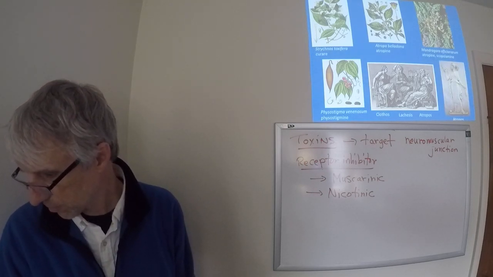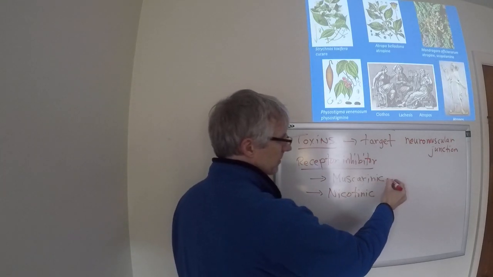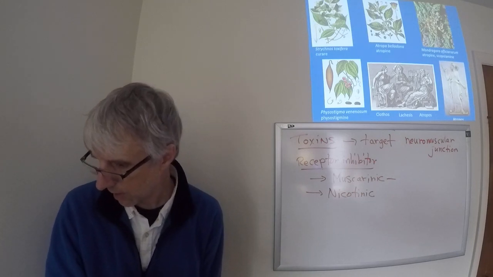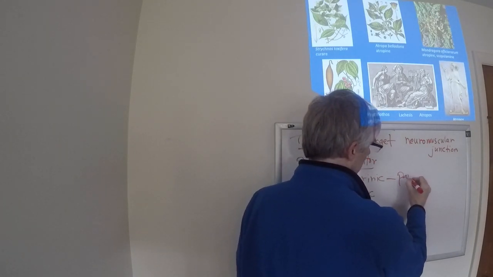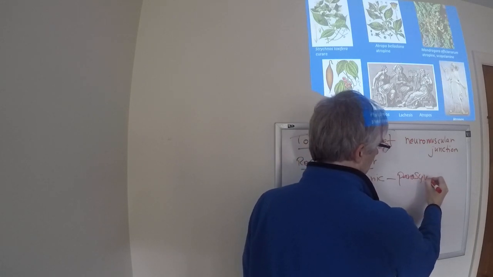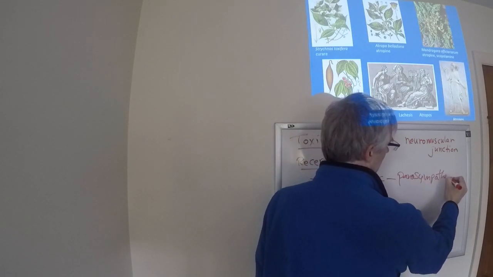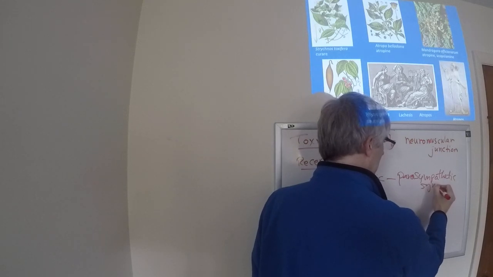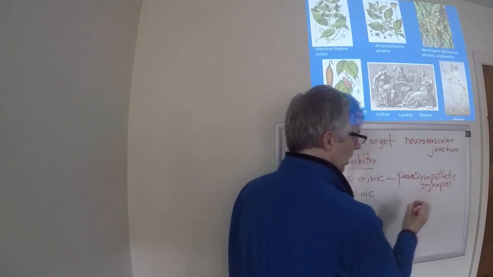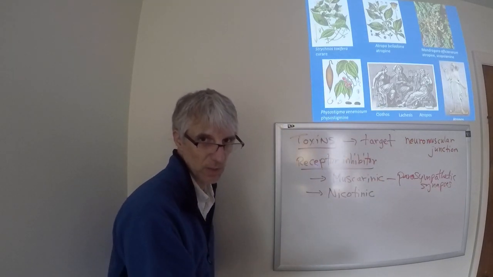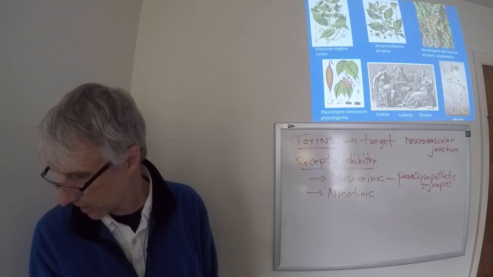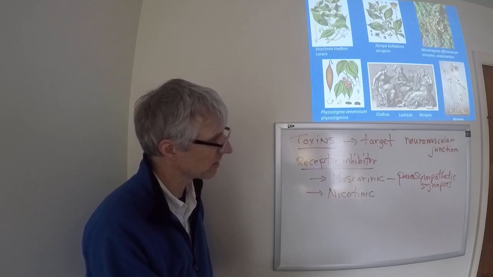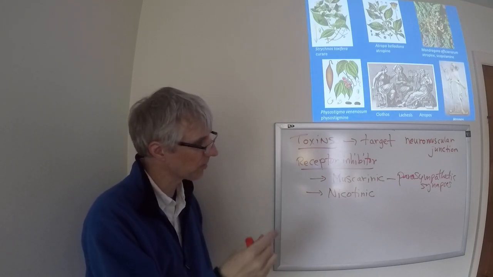But the muscarinic receptors, these are fairly common at parasympathetic synapses. So this is where the parasympathetic nervous system is communicating with an effector cell. Okay, so think heart, intestines, right, central nervous system, right?